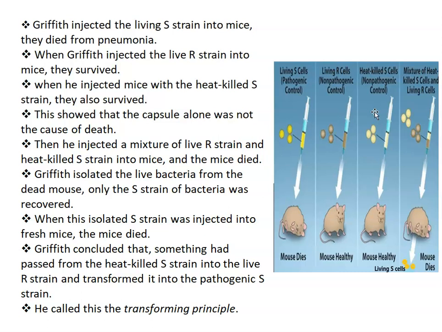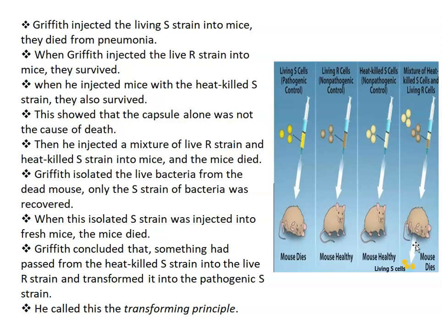Then he injected a mixture of heat-killed S strain and live R strain into mice. Mice died. Then Griffith isolated live bacteria from the dead mouse. Only S strain of bacteria was recovered.